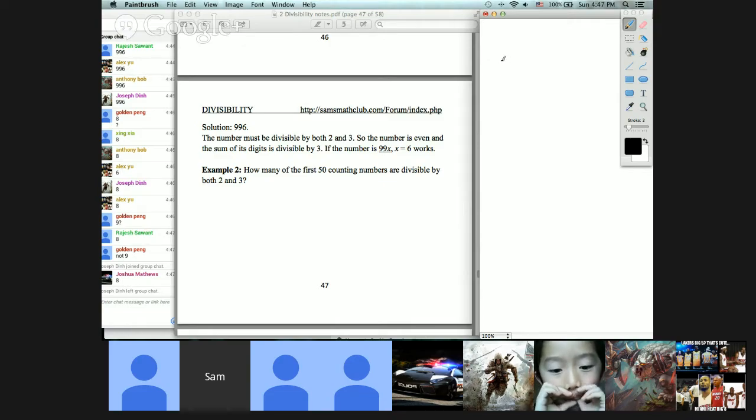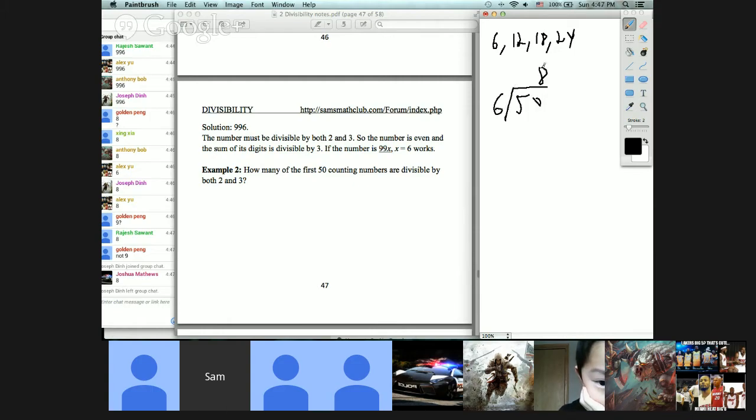First off, you could start listing: 6, 12, 18, 24, and then just list till you got to 50, which would be relatively easy to list. But also you could go 50 divided by 6, and then you would get 8 point something. So from this you know that there are 8 multiples of 6 under 50.